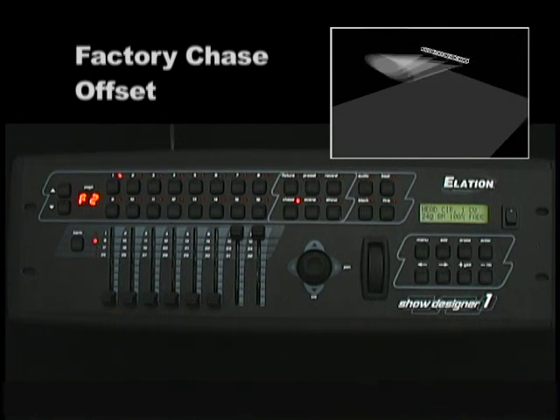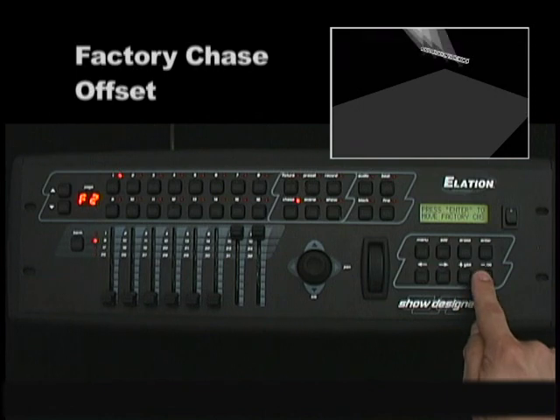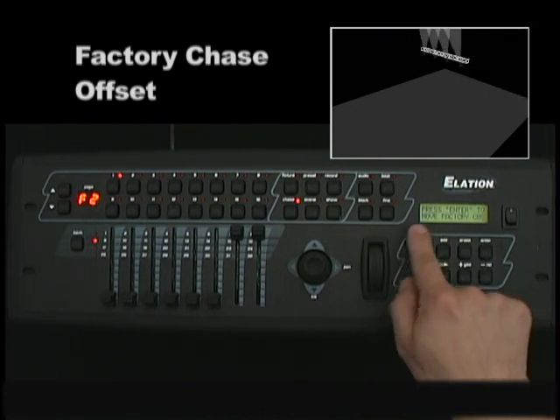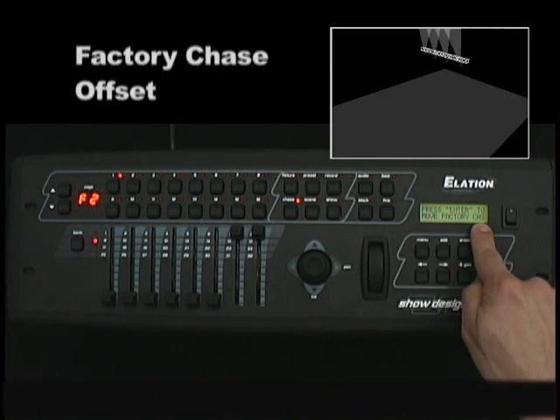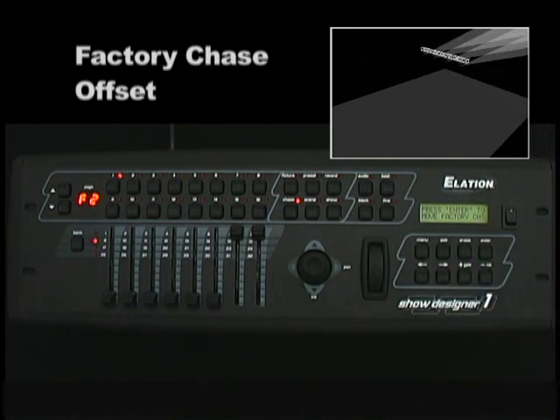To move the offset point, we'll press the menu button, then use the plus yes, minus no switches or the data wheel to find the move factory CHS, which is abbreviated for chase settings. And we'll press enter.